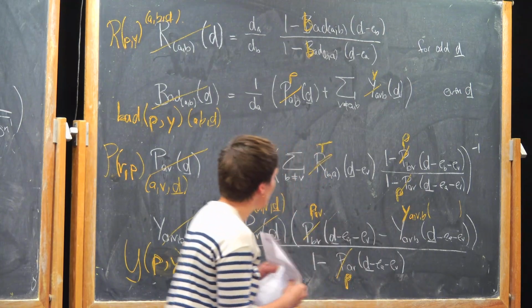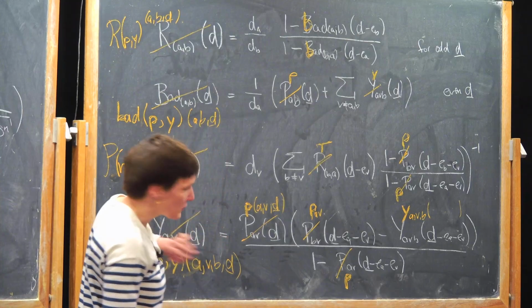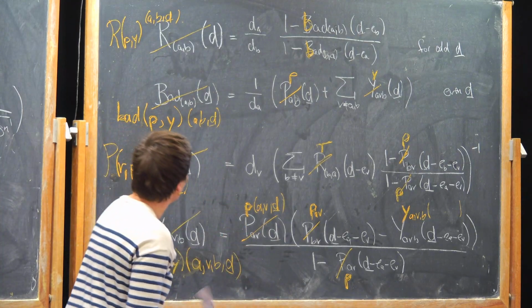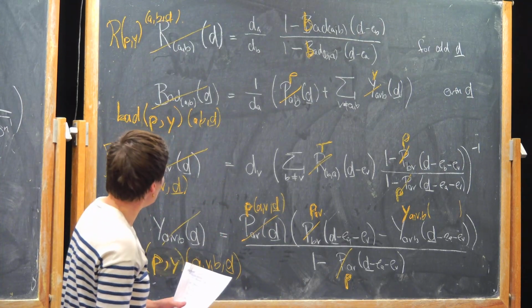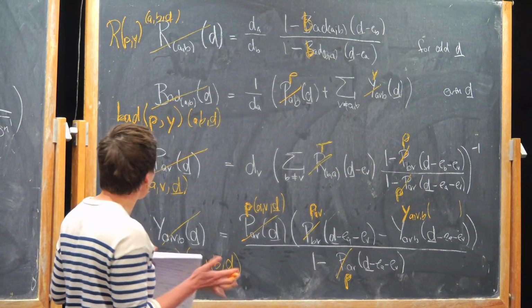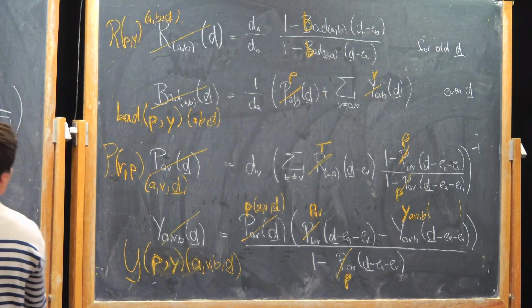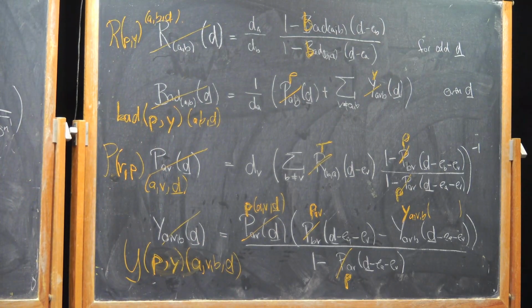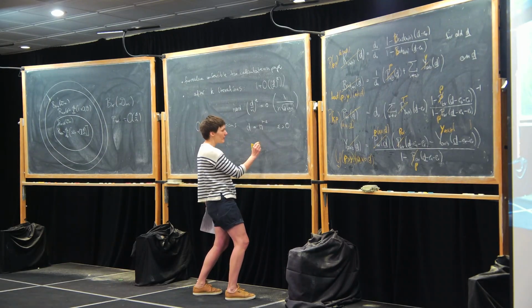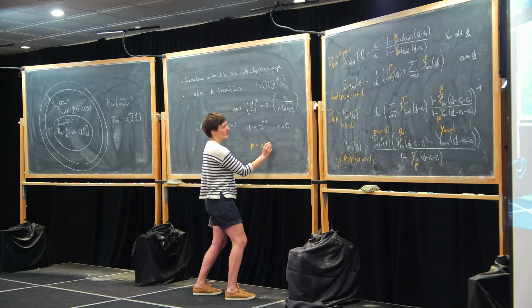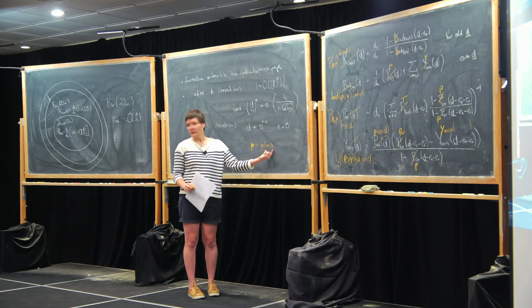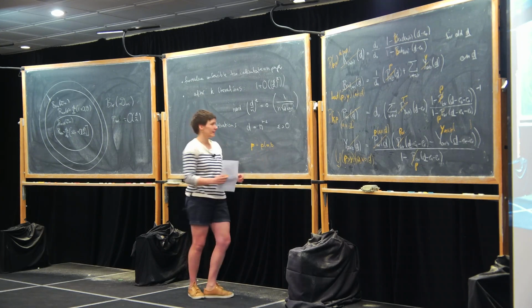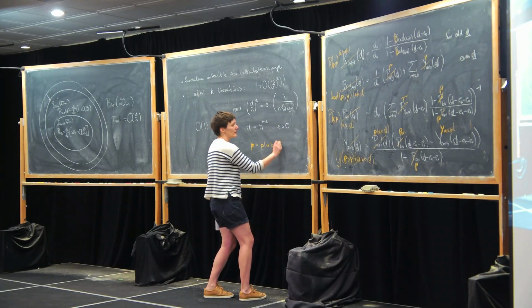We're just taking our recursive relations and turning them into operators. Now, P, Y, and R: P is a set of functions, right? That gives me something depending on two distinct indices, A and B from N, and some degree sequence.